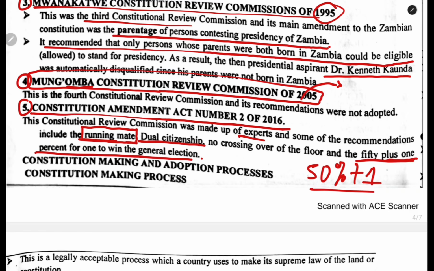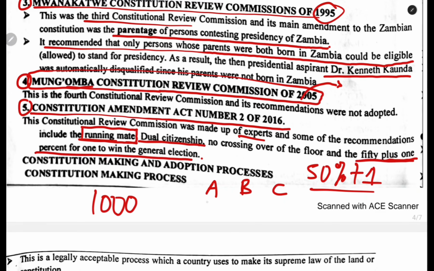Then 50+1. In the past, the electoral system that we used, we are going to look at electoral systems soon, required that one gets the majority of votes. So if you have, let's say, candidates A, B, and C, and a total of 1,000 votes.